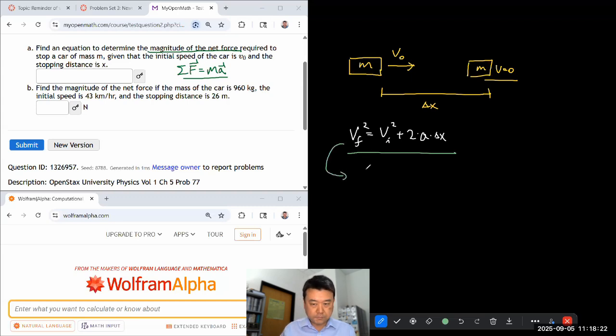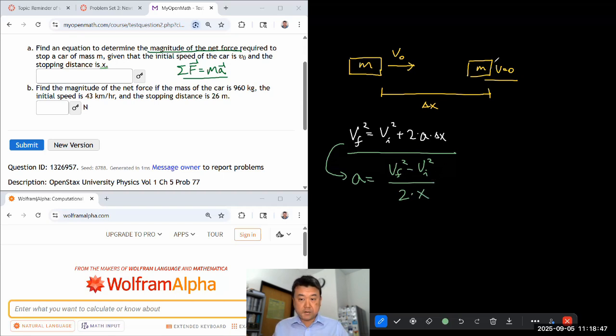If you need to, pause it and write it on a piece of paper. Acceleration is equal to the final speed squared minus initial speed squared, divided by 2 times delta x. Eventually I'm going to need x, so let me just write it as x.